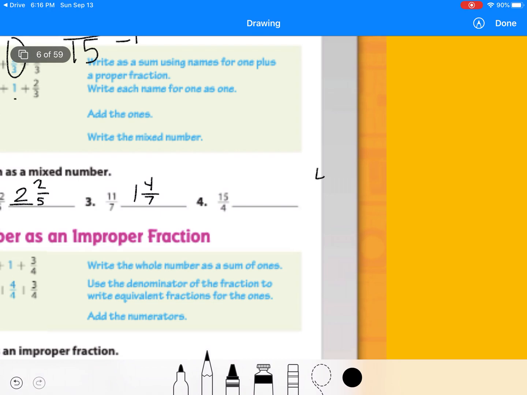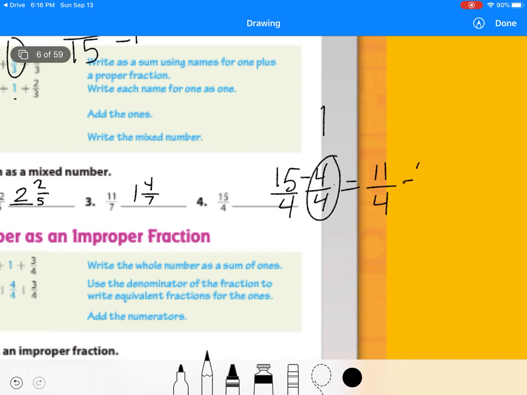Okay, so I want to remind you, 4/4 equals 1 whole, all right? So if I have 15/4 and I take out 4/4, 15/4 minus 4/4 equals 11/4. So we just took out 1 whole right there, so I'm just going to draw a 1 on top.